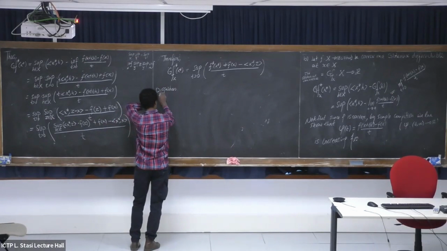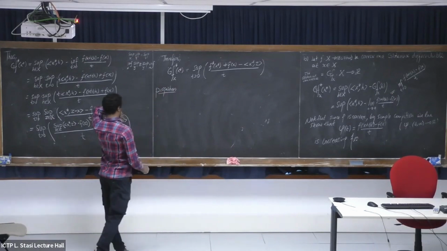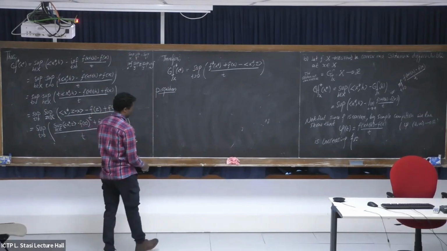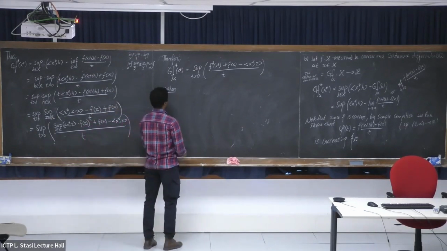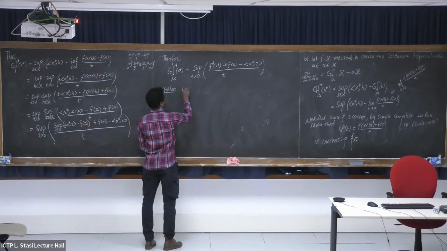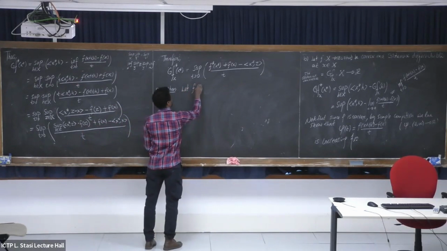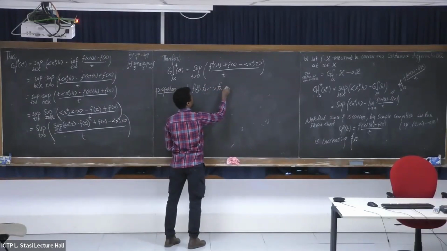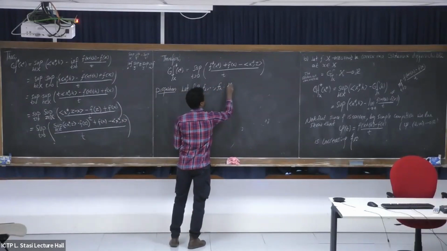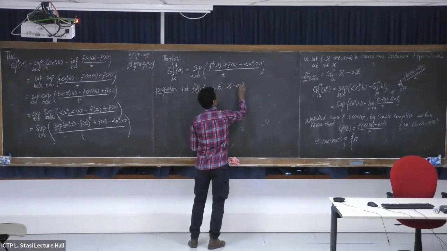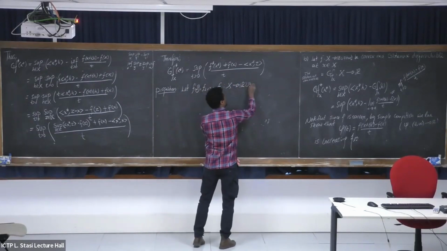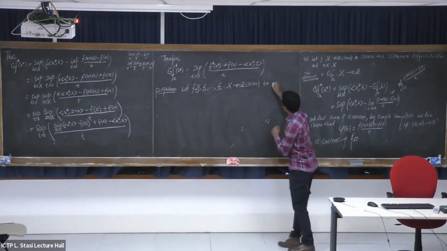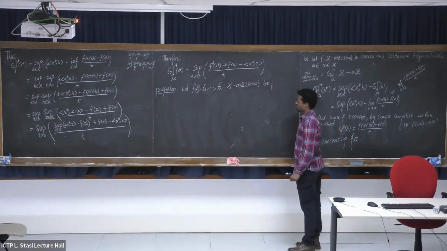Now let's come to properties of the Fenchel conjugate. Let F, G, F1, F2 be proper functions. Do I need convexity?